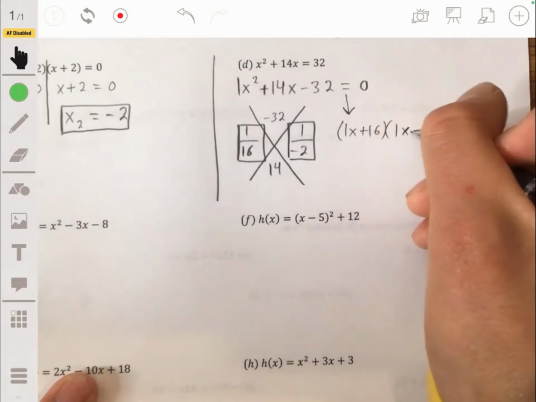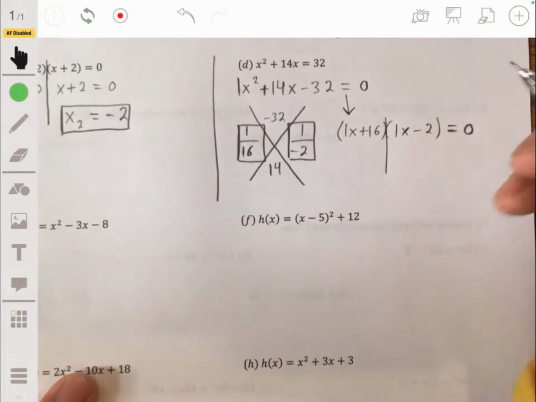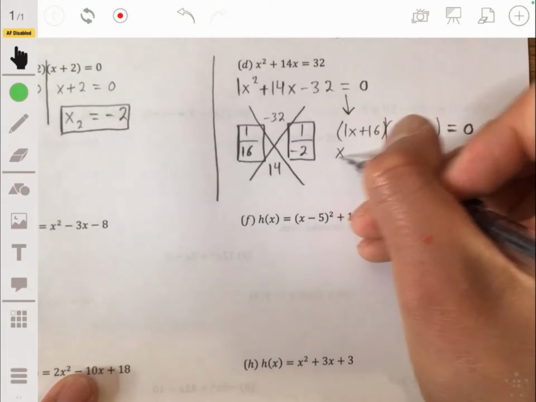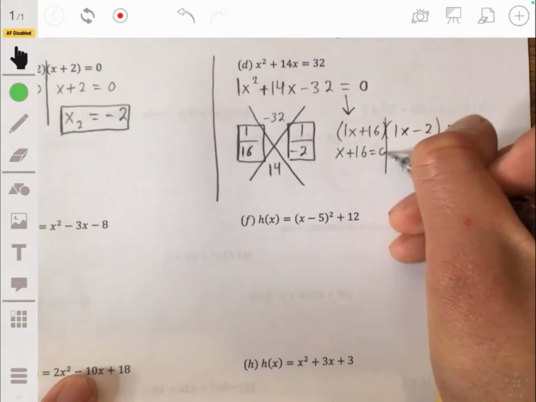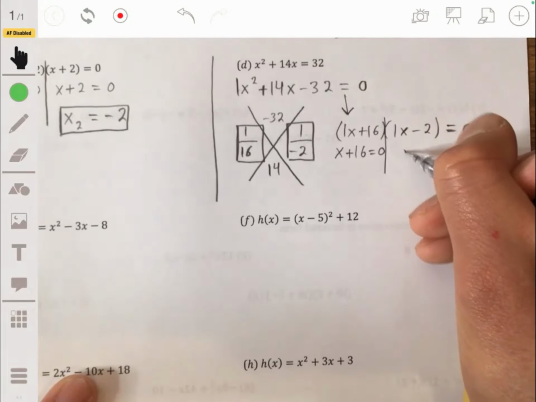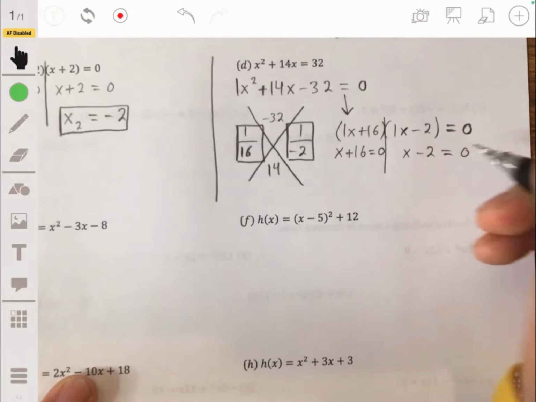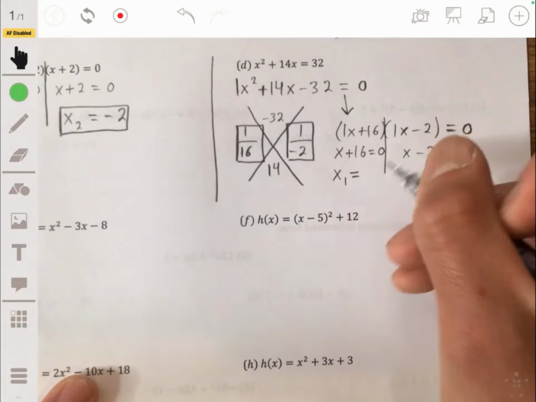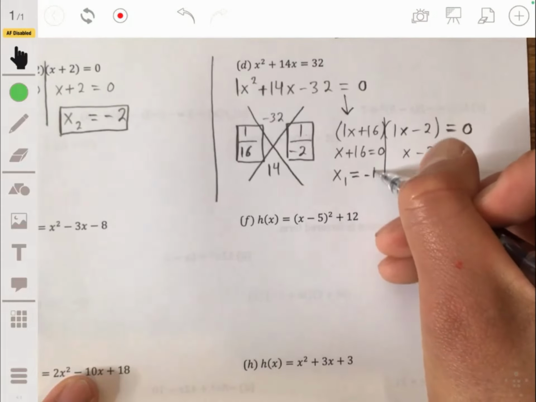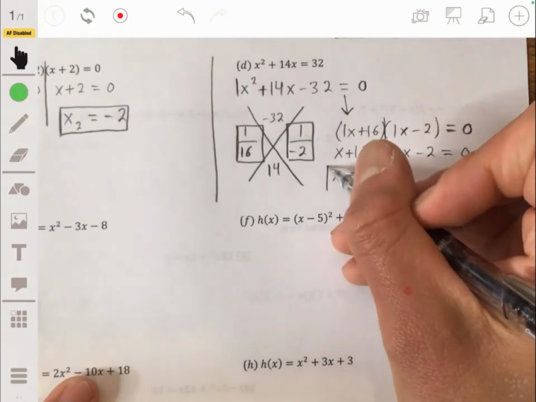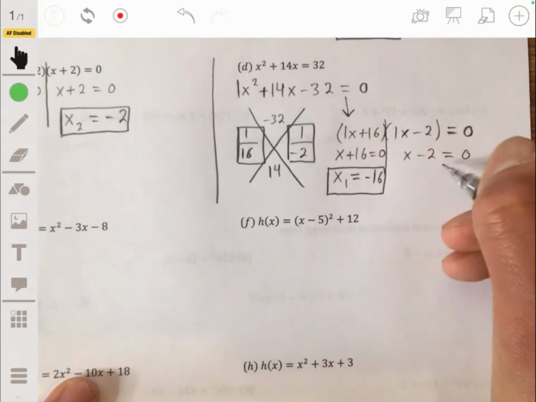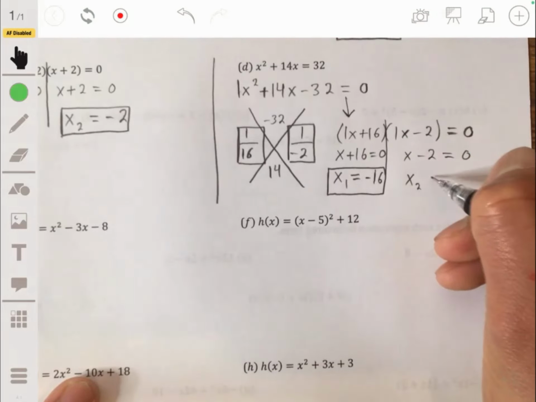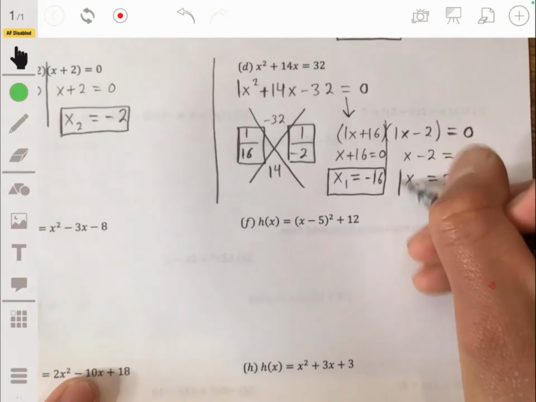And then again, now we have two simple factors that we can just break up and set equal to 0 and then solve. So we have x plus 16 equals 0, x minus 2 equal to 0. Solve each of these for x. We'll get our first x-intercept to be negative 16. Our second one will be 2.